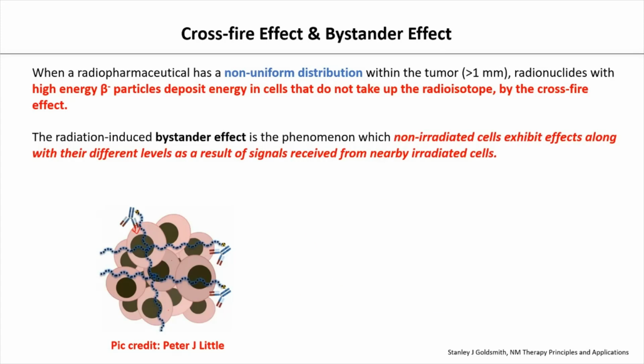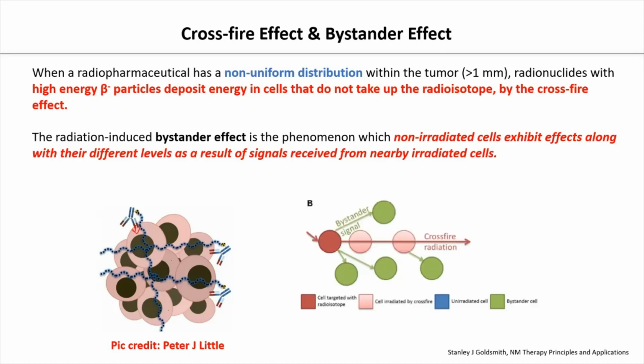And one more factor is what we call the bystander effect. It's not certain that all cells will be irradiated in a given tumor mass. For example, in external beam radiation therapy, we are irradiating the whole tumor with radiation, so almost all cells are getting irradiated. But in radioisotope therapy, not all cells get irradiated.